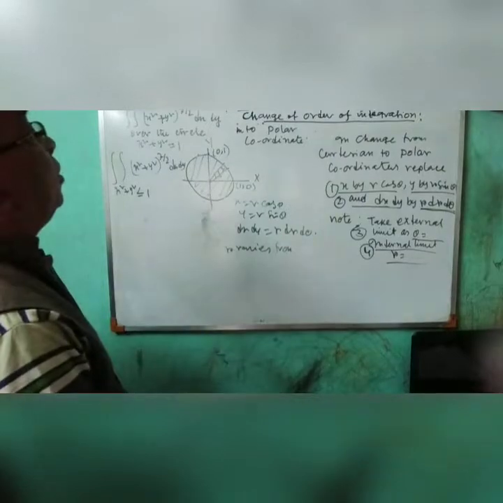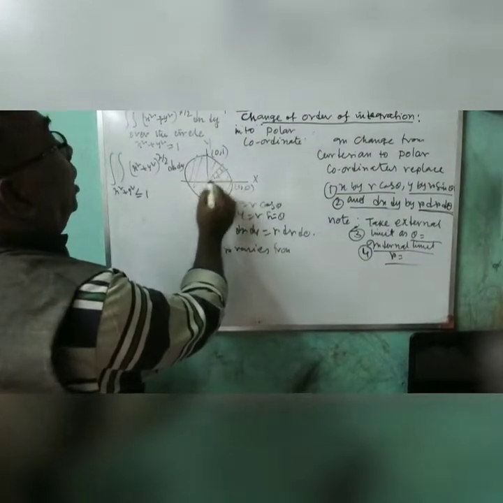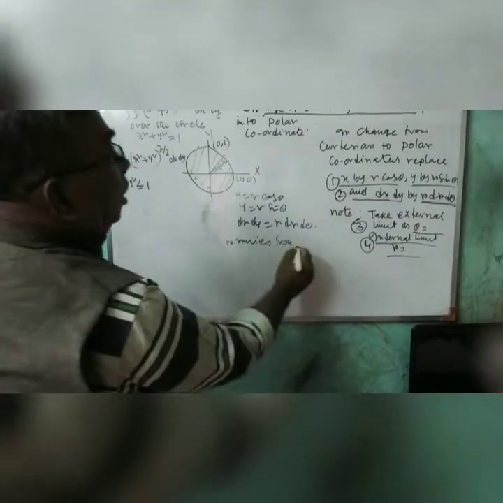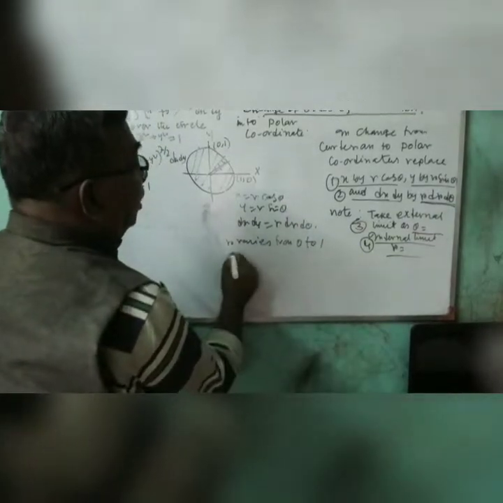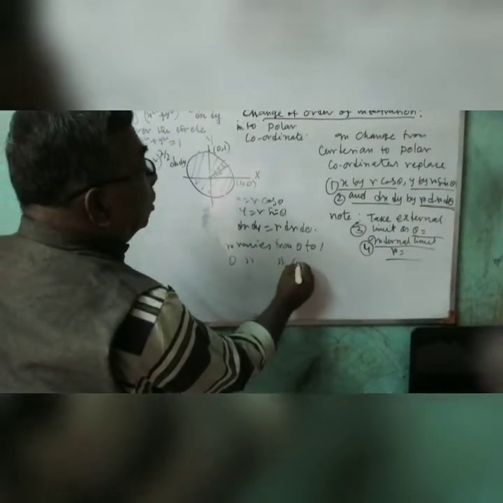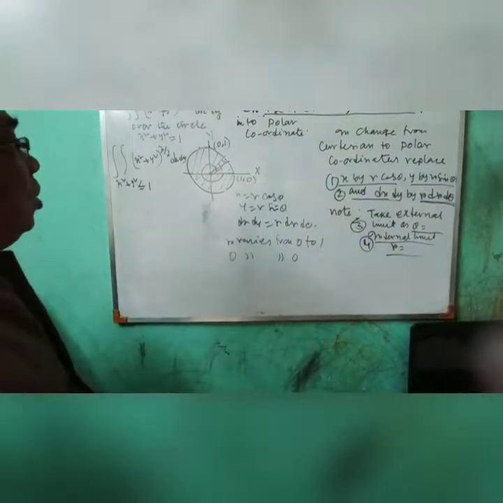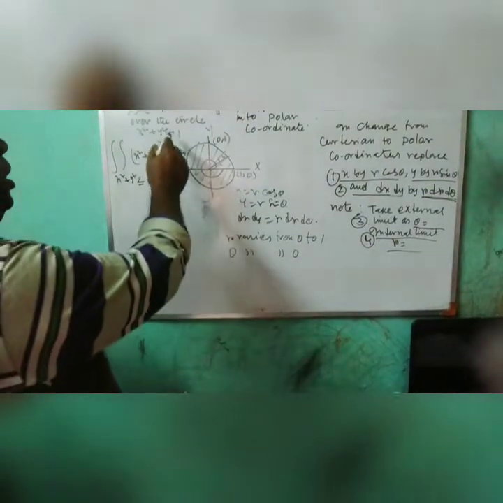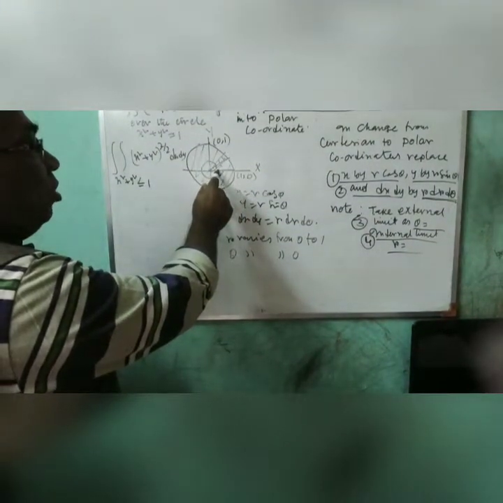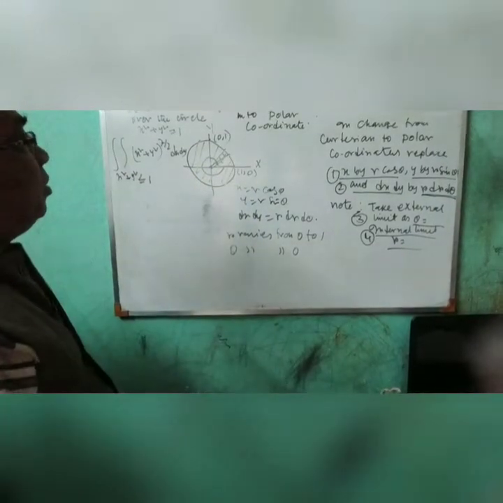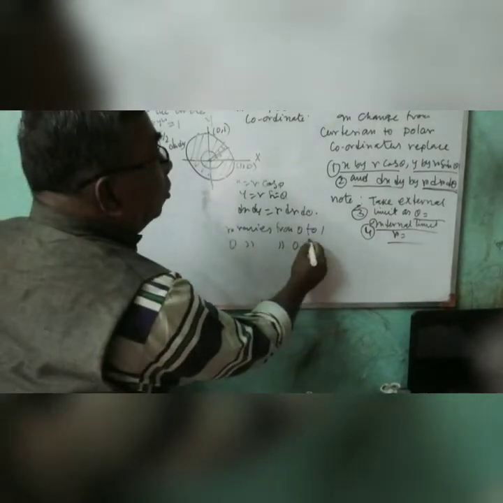So what is r? This length is r, so r varies from 0 to 1, and theta varies from 0 to 2 pi, because over the circle they are asking, not in the first quadrant. If it is in the first quadrant, then theta is 0 to pi by 2, but it is given over the circle, so theta is 0 to 2 pi.